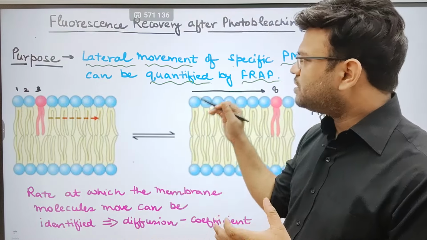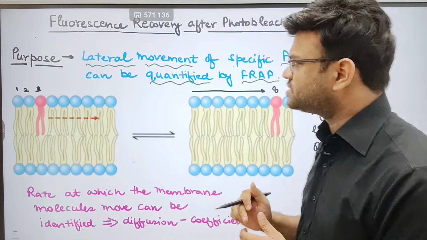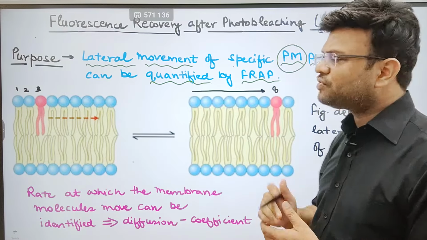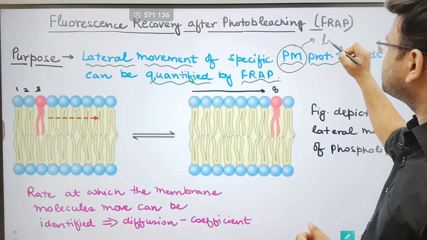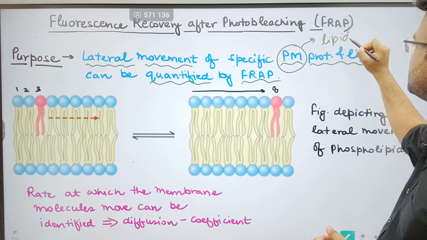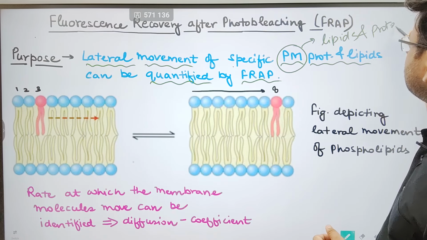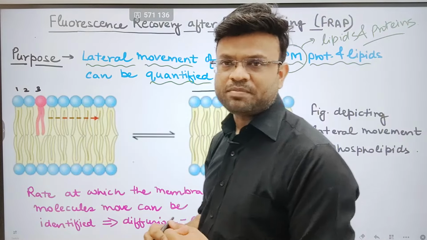What do you mean by plasma membrane, lipid and protein? Let us first of all understand this. You might be knowing that plasma membranes are made up of majorly two things. They are made up of lipids and they are made up of proteins.